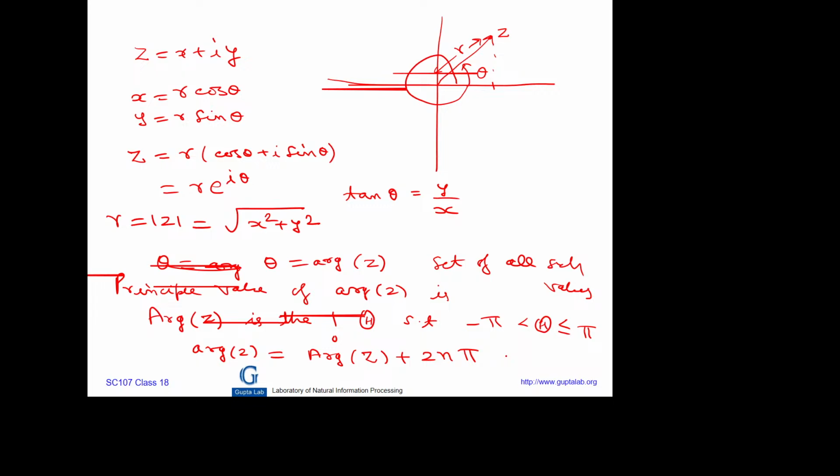One more thing, if mod of z minus z naught is equal to r, then z is nothing but z naught plus r times e raised to power I theta. Right. This is pretty obvious. This is kind of a circle, right, of radius r, centered, right. Z is a generic point here and z naught is a point here, right.